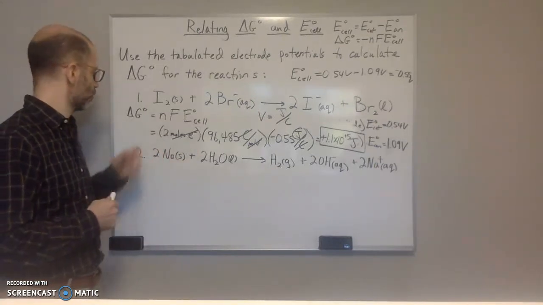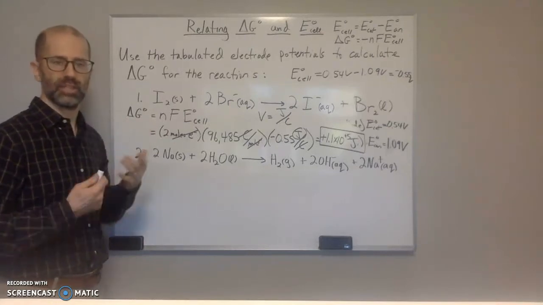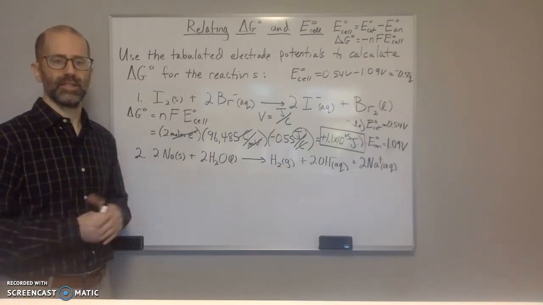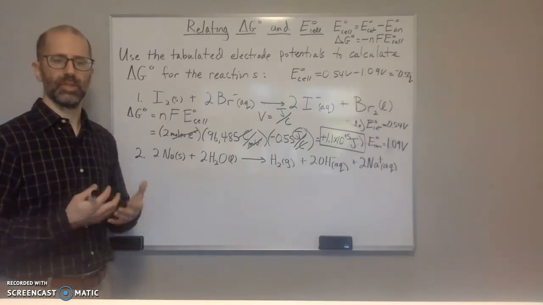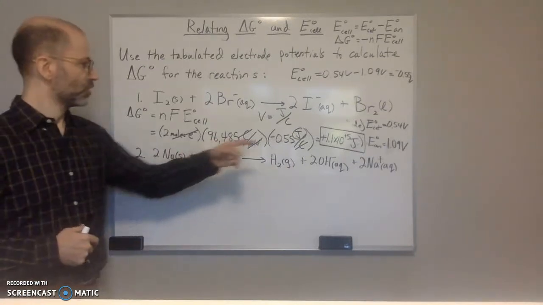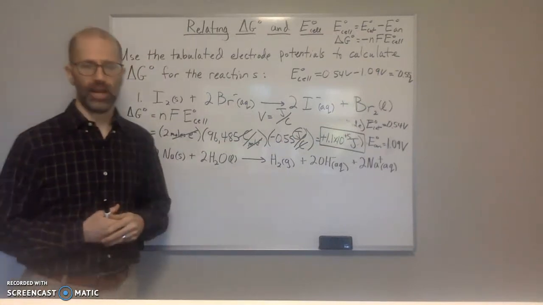Here, we're using the change in the Gibbs free energy to say whether it's going to be spontaneous or not. And if you remember, positive changes in the Gibbs free energy means that it is not spontaneous. So here, this would not be a spontaneous redox reaction.